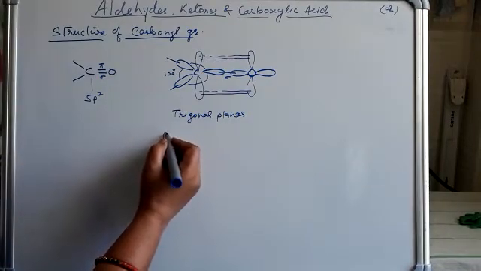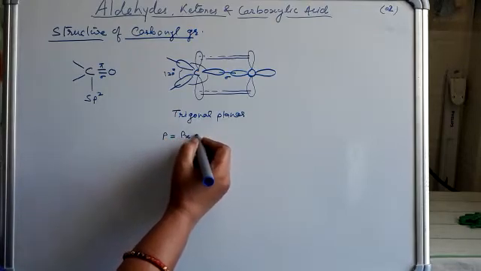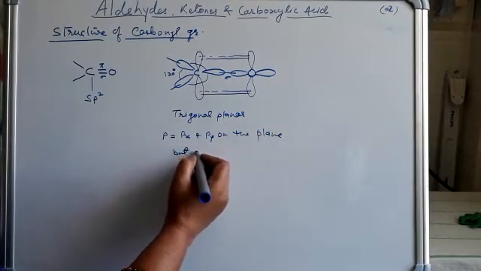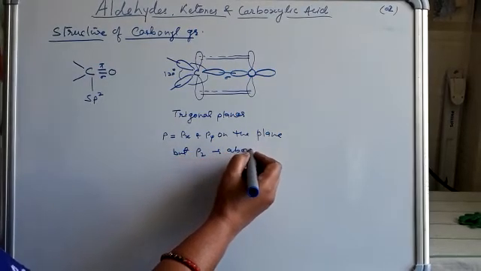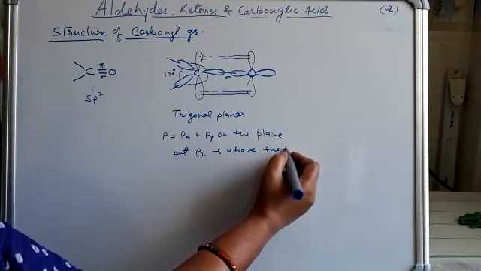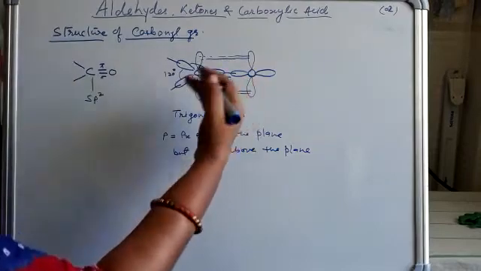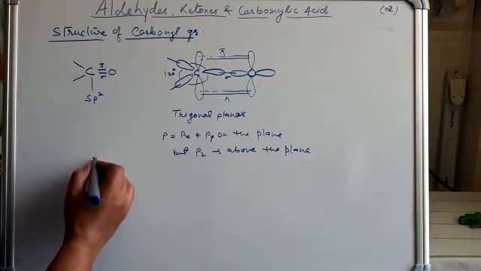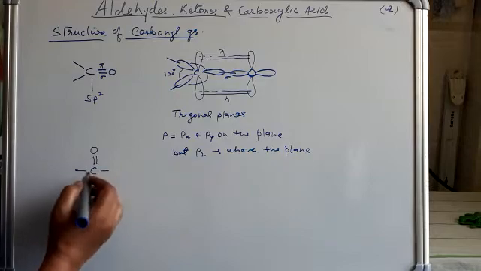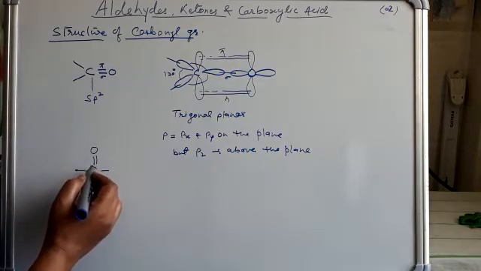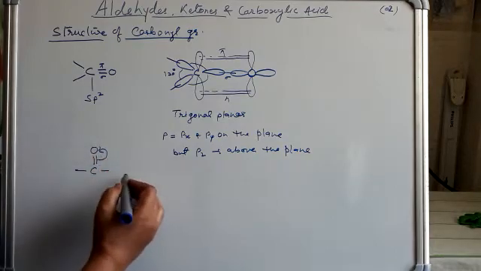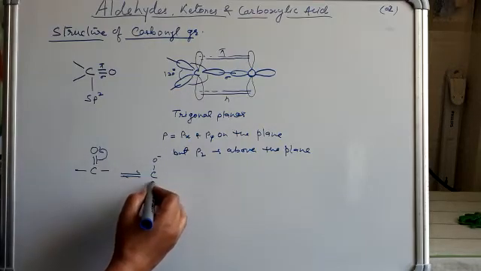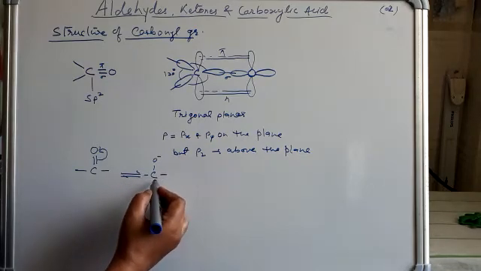We can also learn by writing px and py on the plane, but pz above the plane, so sidewise overlapping takes place and the pi bond forms. Here in the carbonyl group, carbon is attached with oxygen, and oxygen is more electronegative than carbon, so the pi bond shifts toward oxygen, and a reactive species, an electrophilic center, is created on the carbon.